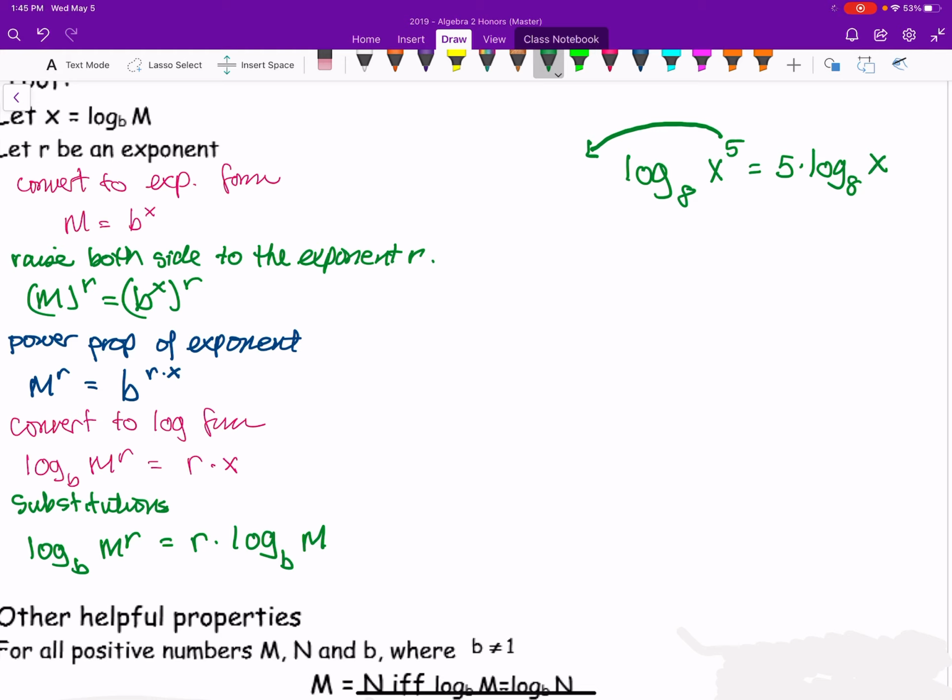So for example, if I had log base 5 of 5 to the 2nd power, I want you to try and simplify that now. Pause the video, pull the exponent out, and see if you get a nice number. So now we have 2, I'm pulling that out in front. Log base 5 of 5. What should I raise 5 to to get 5? That's just 1. So it's 2 times 1, which is just going to equal 2.